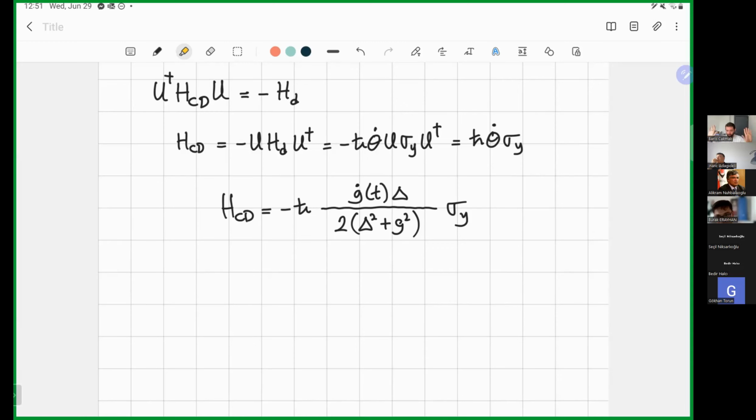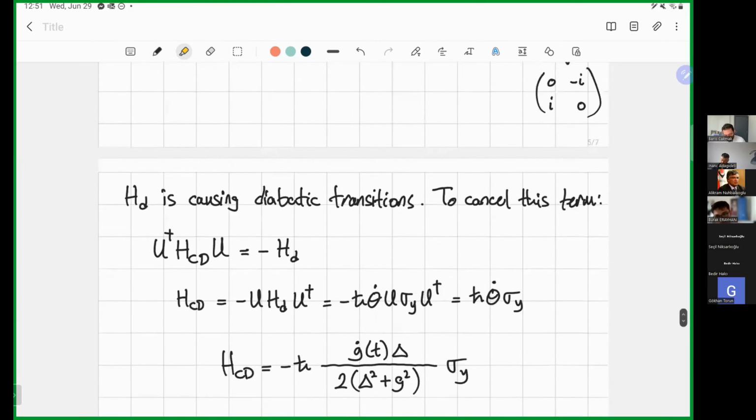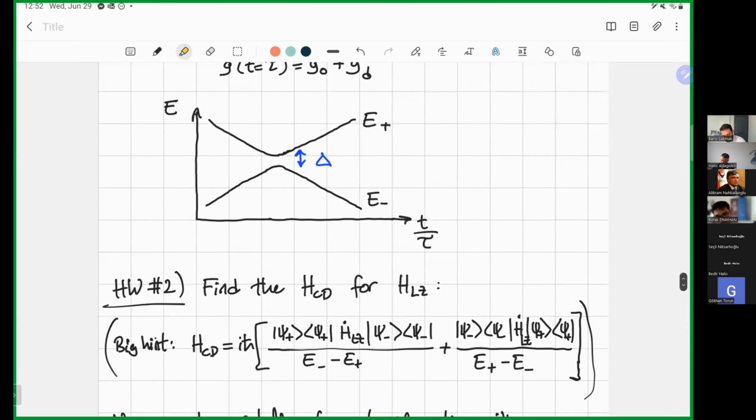If we want to transform this state in a robust manner from an initial state to a final state, or let's say that we would like to remain in the ground state of this model at all times as I change this parameter g.